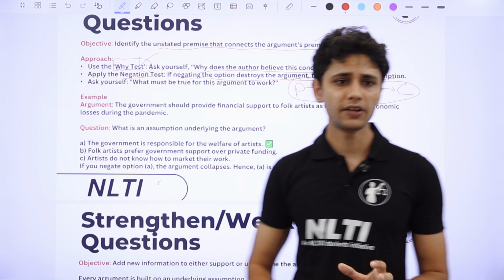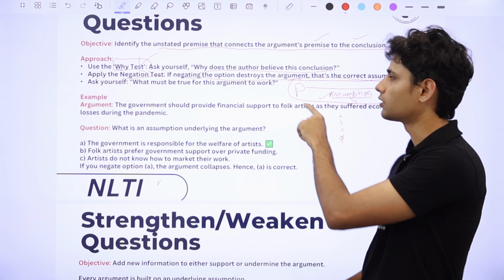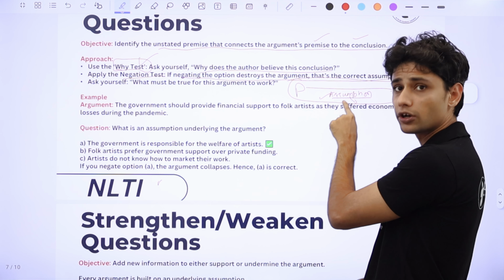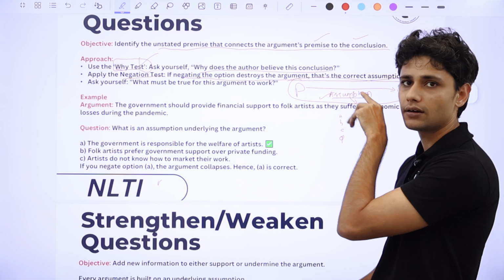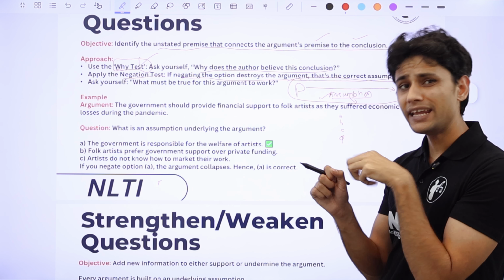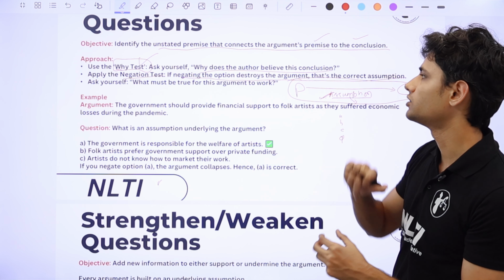To put it more simply, we need this assumption for that argument to work. For us to reach from P to C, if this assumption were not here, we would not have reached there. So that's why assumption is like a tool which is holding these things together. So if any question asks you to identify an assumption, use the strategy of negation test.